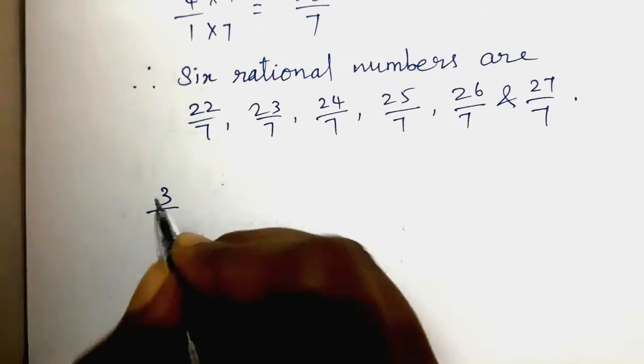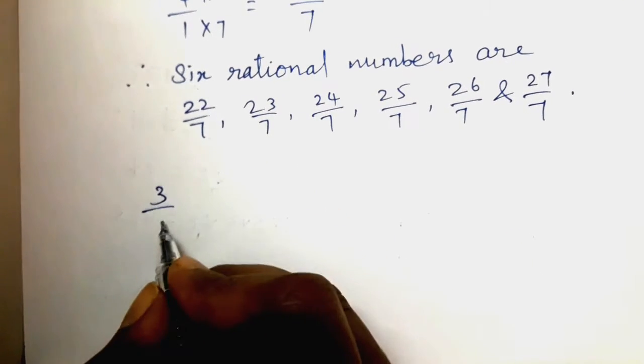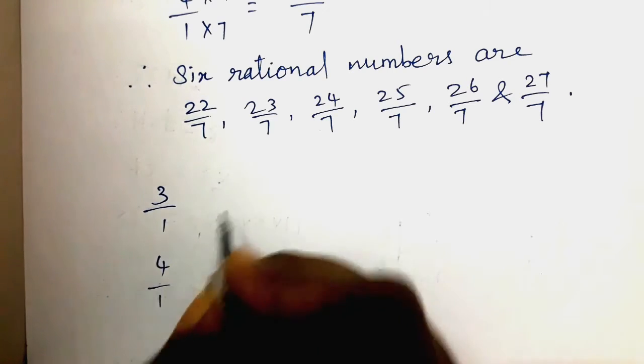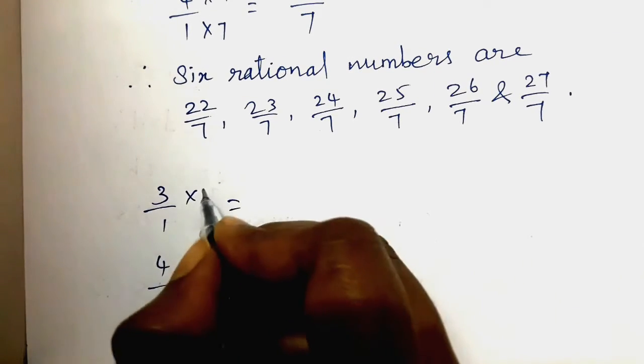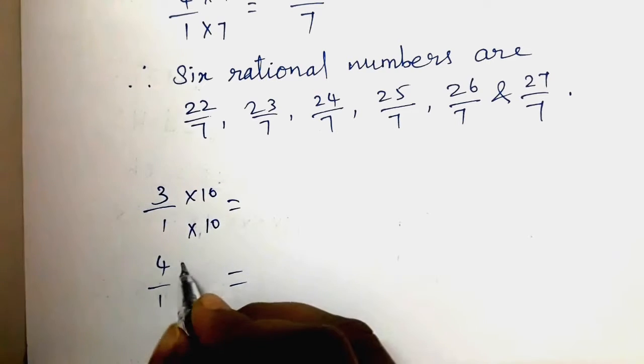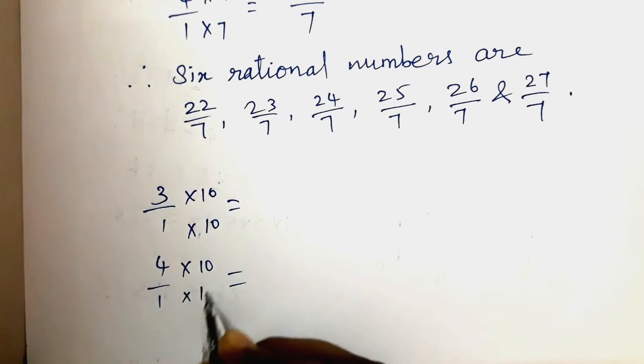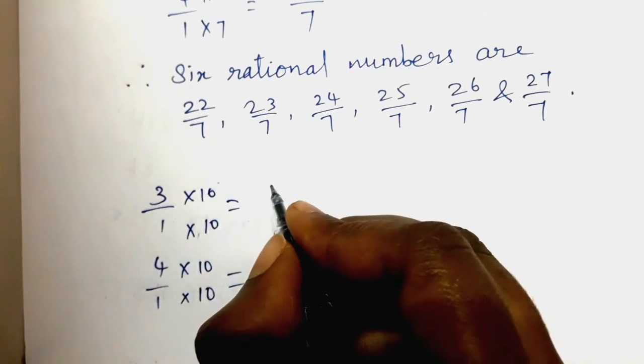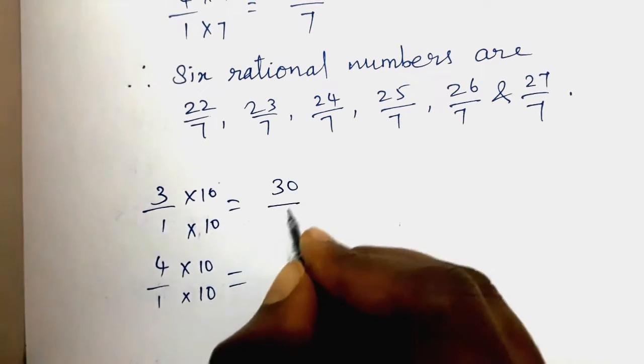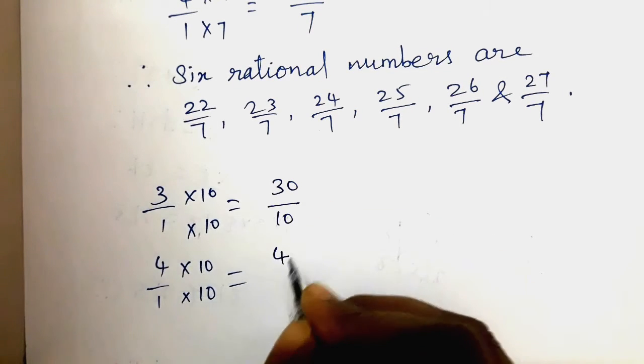Suppose I will take some other number above 6. Here 10 means we have to multiply both numerator and denominator by 10. So we should get 3 tens are 30, 1 tens are 10. Here 4 tens are 40, 1 tens are 10.